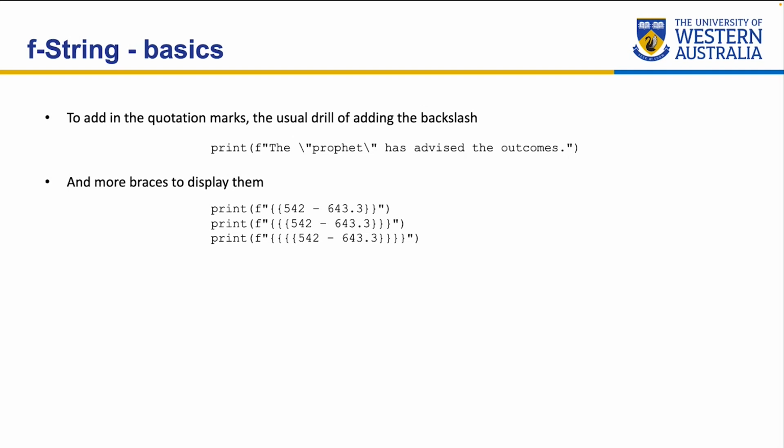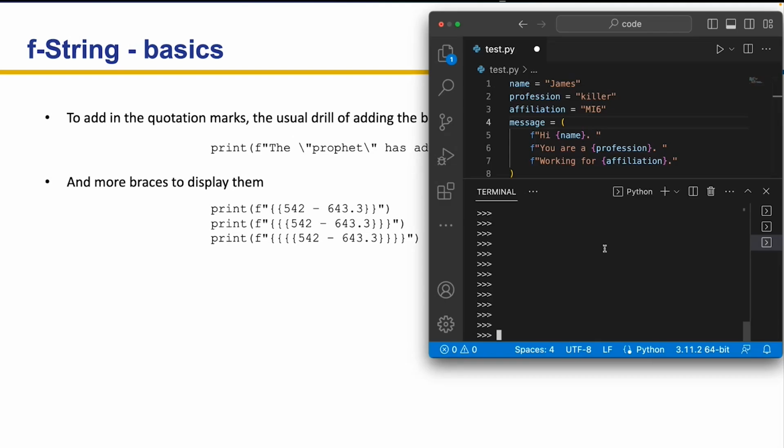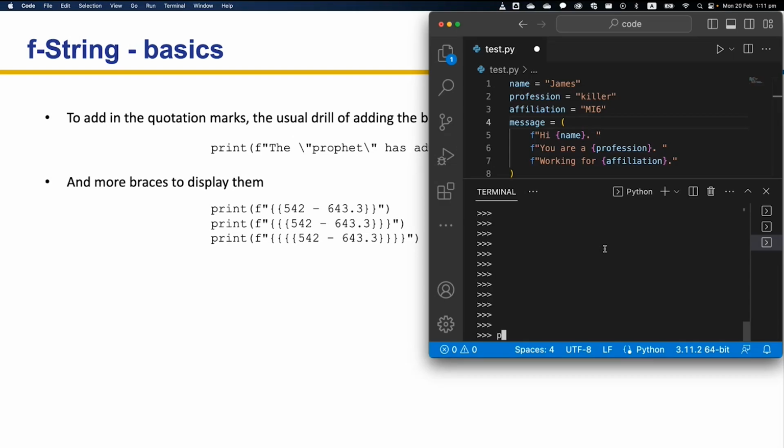The other one is if you want to display the braces, the curly ones. You can do it by adding extra curly brackets that indicate that it is not one to evaluate. So let's do that. So if I do single brackets, I'm just going to do a simple calculation, and we'll know that it's going to evaluate what's inside the curly bracket and display, right?